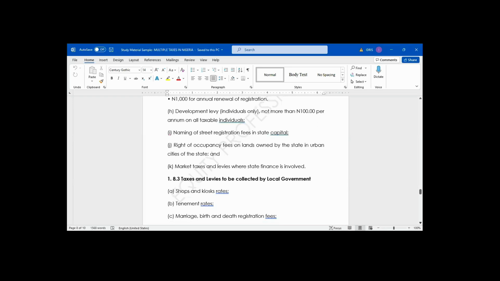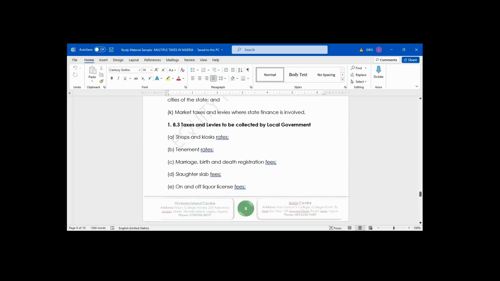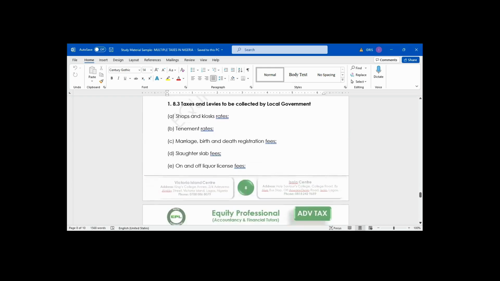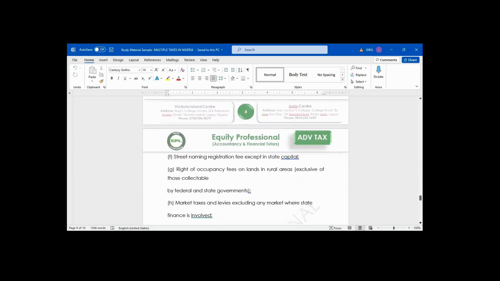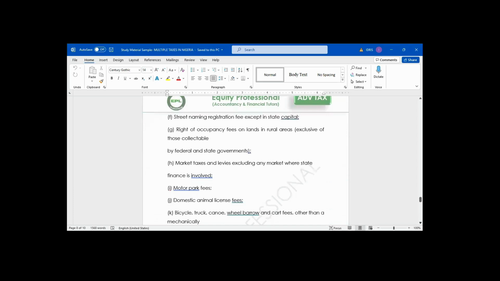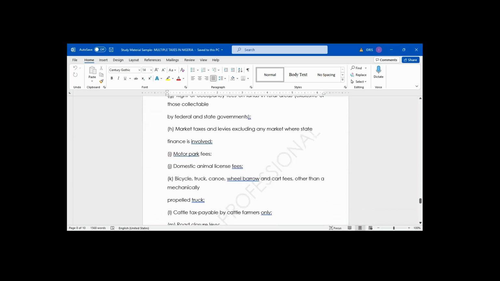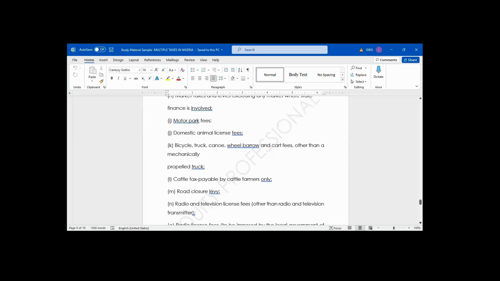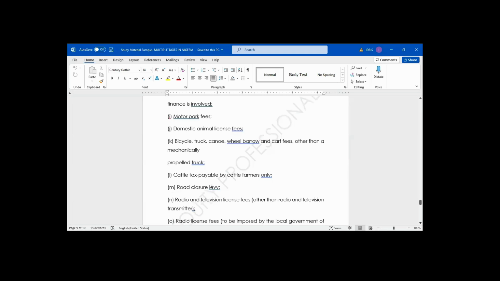What are the taxes and levies collected by local government? Tenement rates, shop and kiosk rates, marriage, birth and death certificates, slaughter slab fee is collected, right of occupancy fee is collected, market taxes is collected, motor park fee is collected by the local government.